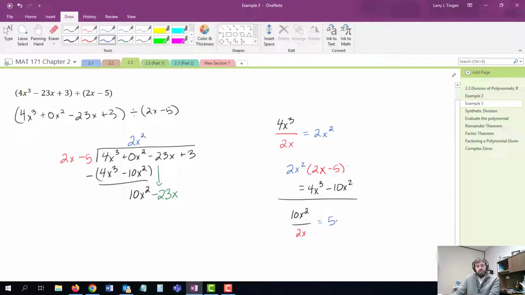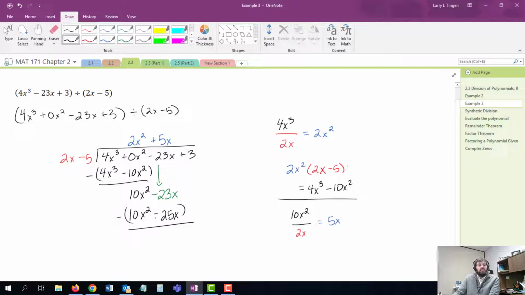X squared divided by x is x. So there's 5x. 5x times 2x is 10x squared. 5x times negative 5 is negative 25x.